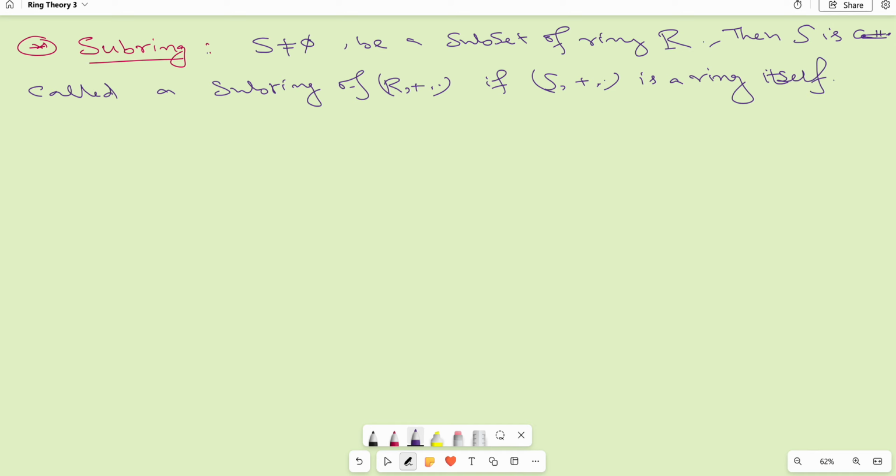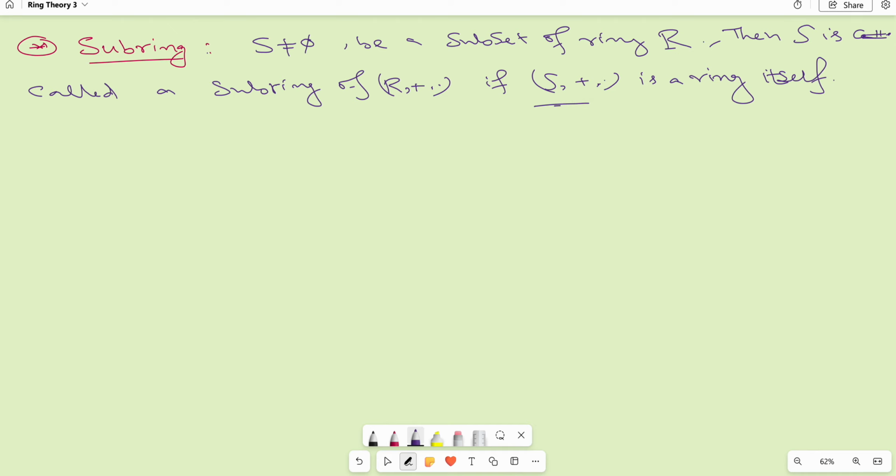If it is itself a ring, then we say this is a subring, right? The similar kind of thing. First of all this should be a subset, and it is a ring itself. Then S is a subring, right?